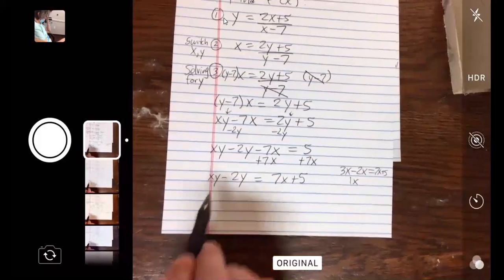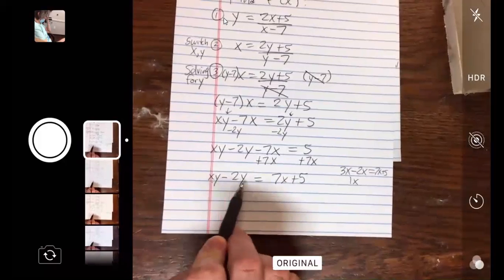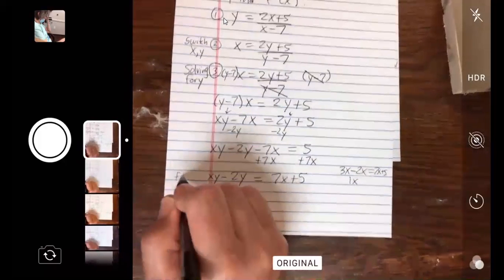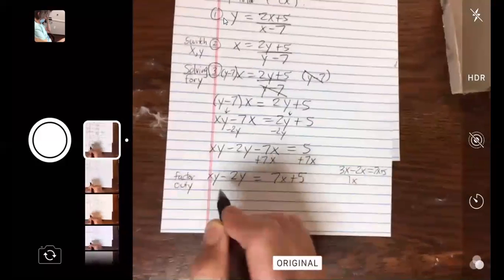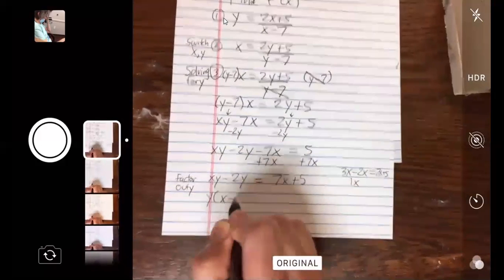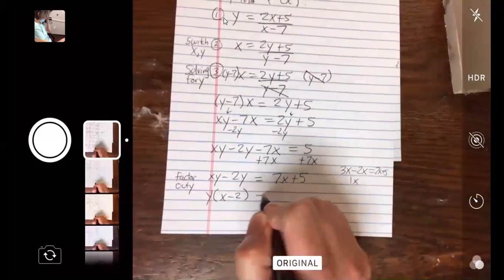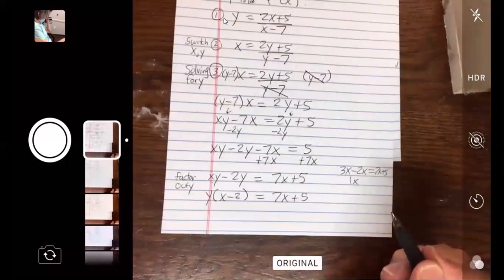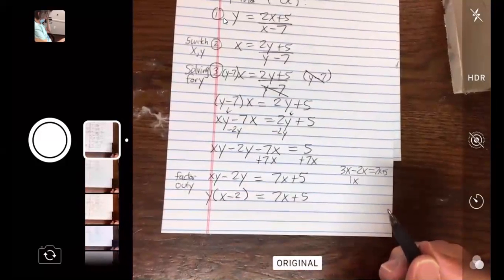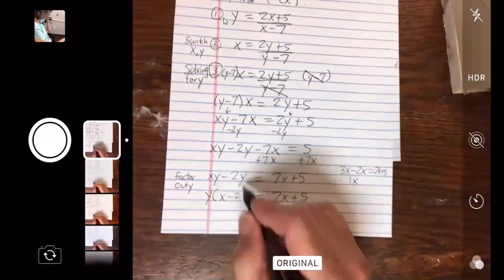The only way to get your unknown by itself is to factor out the y. So you can go y times x minus 2, factoring out the common factor, equals 7x plus 5. That gives you xy minus 2y.